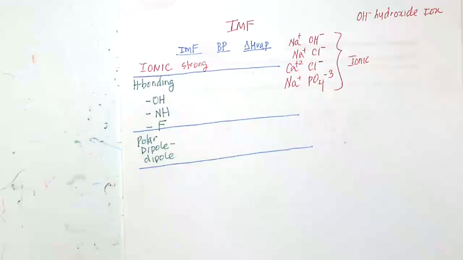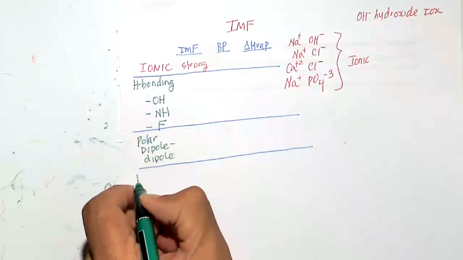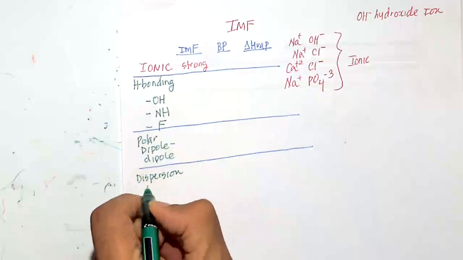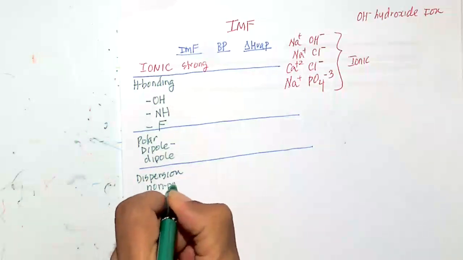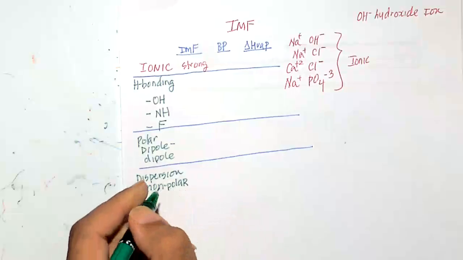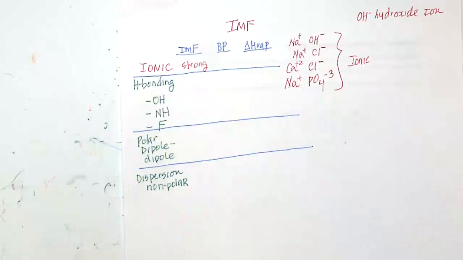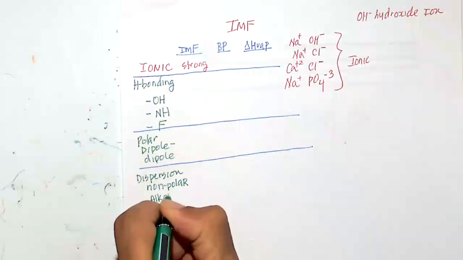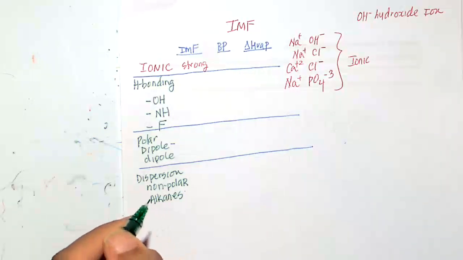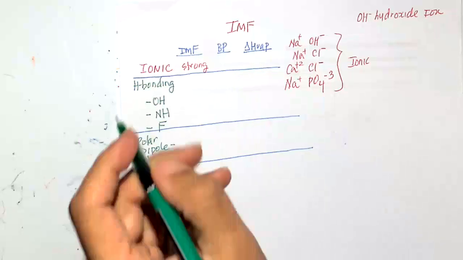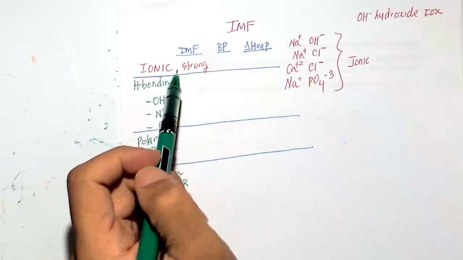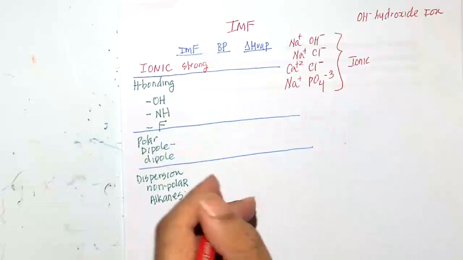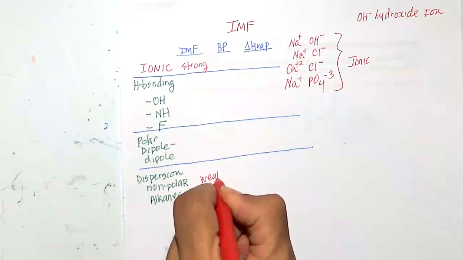The weakest is dispersion. What functional group should we associate with dispersion? Nonpolar. We have molecules that are polar and molecules that are nonpolar, but what functional group? The alkanes. So let's fill out this table. If ionic is the strongest, what would dispersion be? The weakest.